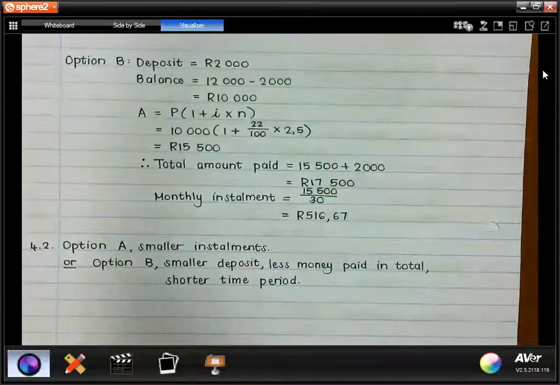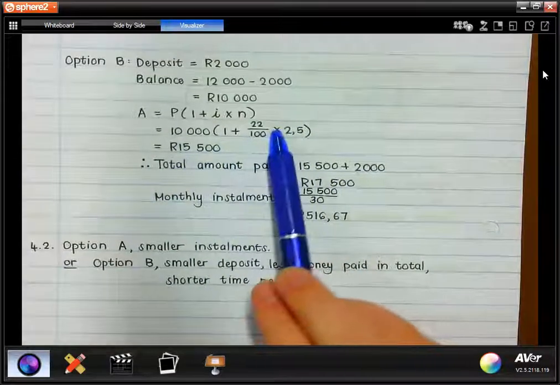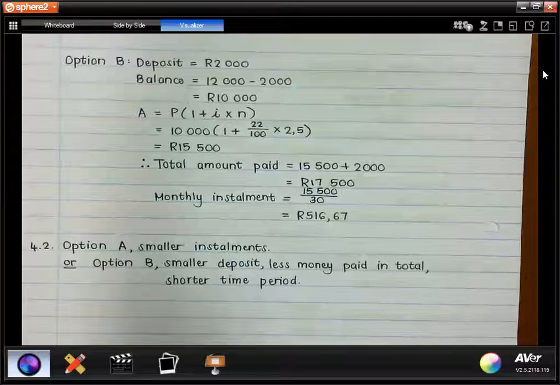Okay. So our N value here, again, if you use 30, you're going to get a very big number, because that means that this guy is paying this off over 30 years. Okay, well, it's actually 2.5 years.